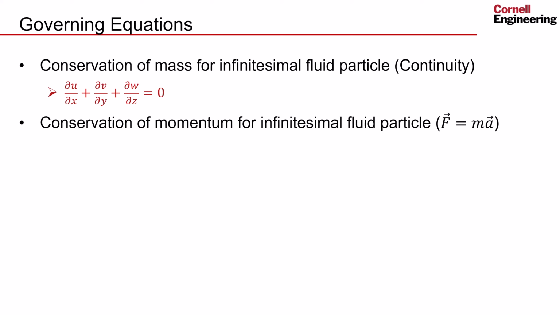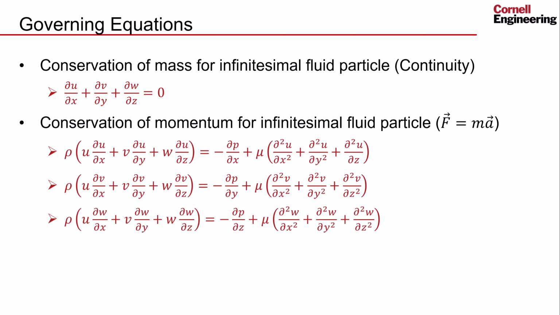Next, we have conservation of momentum equations, which arise from applying F equals ma to an infinitesimal fluid element. Since our flow is three-dimensional, the acceleration term will have three components, corresponding to the three coordinate directions. This means we can produce three equations.